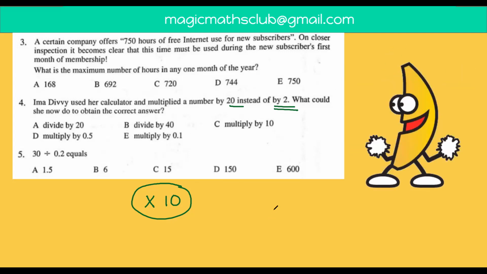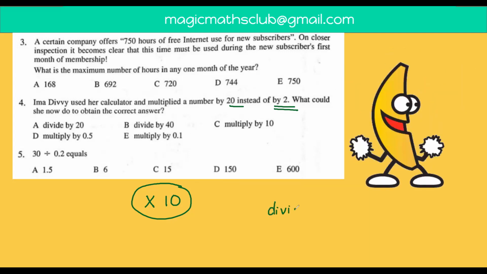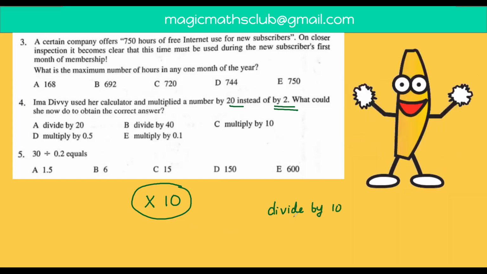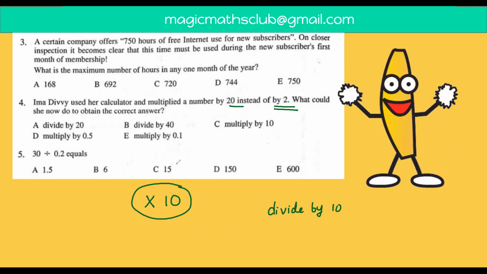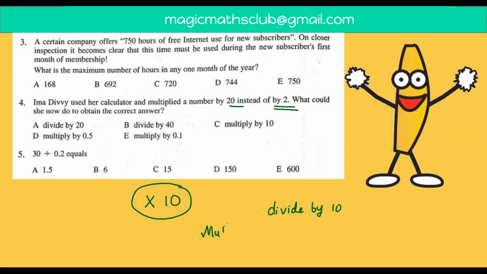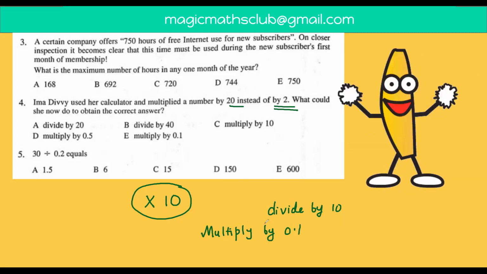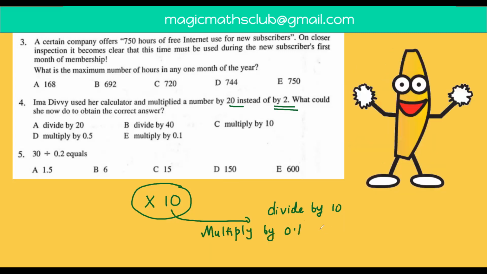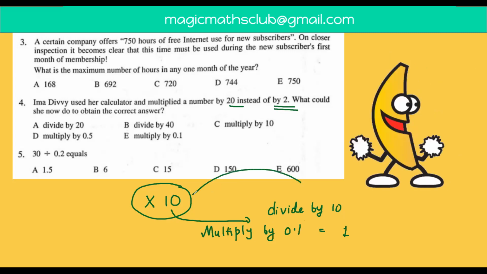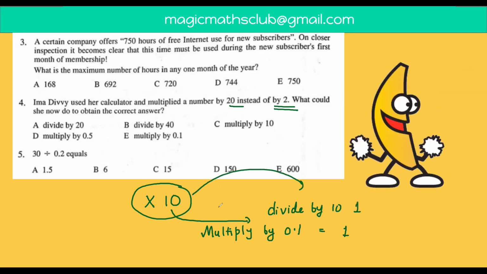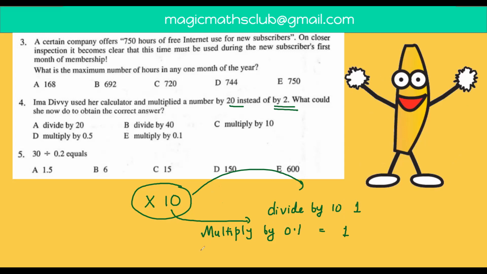So she can divide it by 10 to get the answer, or if you want to multiply, then multiply by 0.1. So it's the same. 10 times 0.1 will give you 1 and 10 divided by 10 will give you 1. It will counter the effect. So both ways are possible, right?